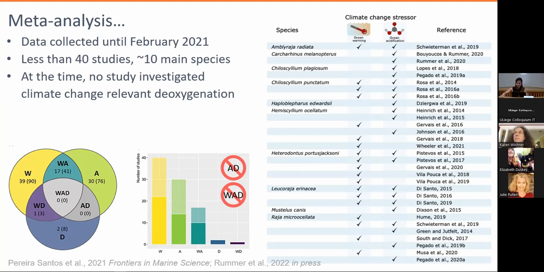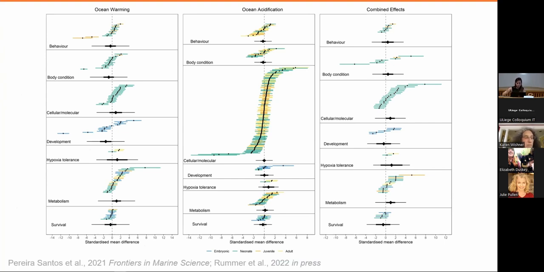Of the trait categories that have been examined under ocean warming conditions, studies assessing behavior have been largely on temperate species, whereas the studies investigating cellular and molecular traits and survival have largely been on tropical species.